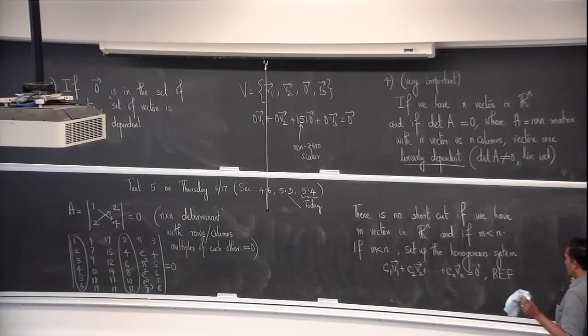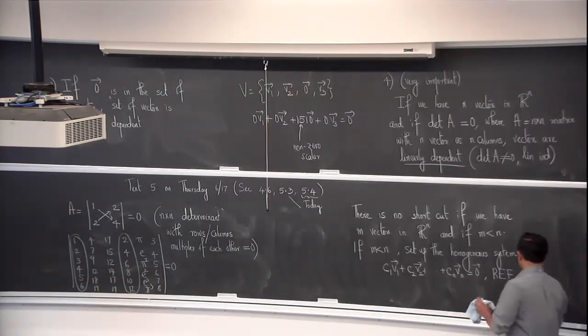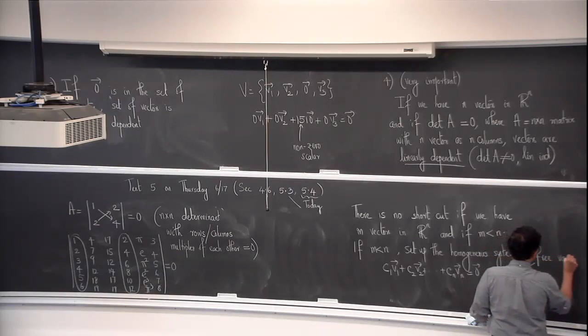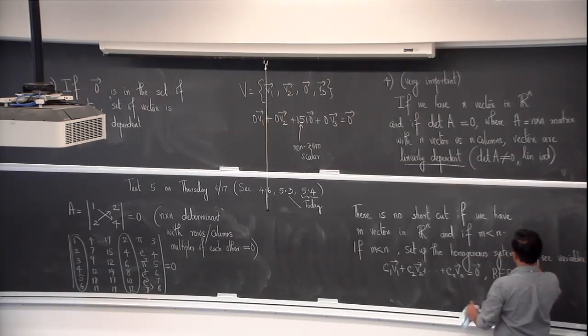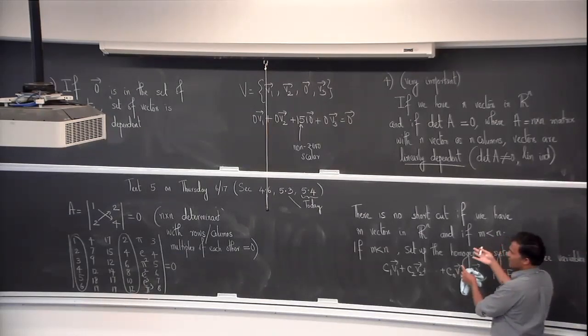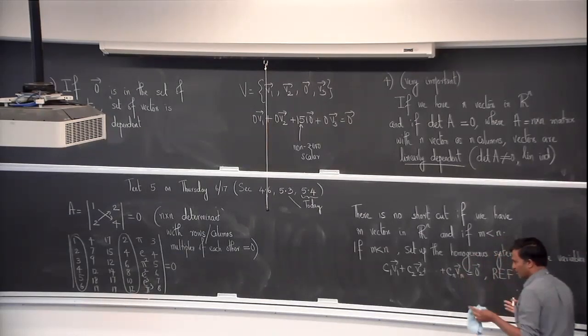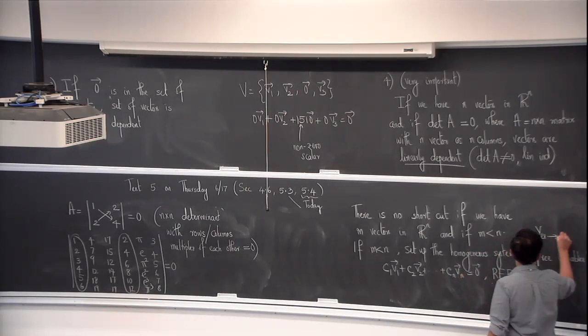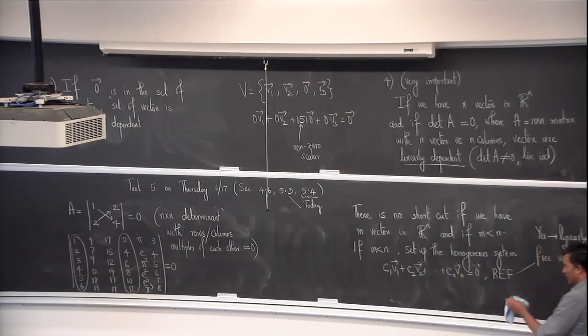First of all, the immediate check is, are there free variables? Again, I'm talking about a case where it's not visually obvious whether the vectors are linearly dependent or not. If the answer is yes, the vectors are linearly dependent, because then you can write a linear combination that connects those vectors.